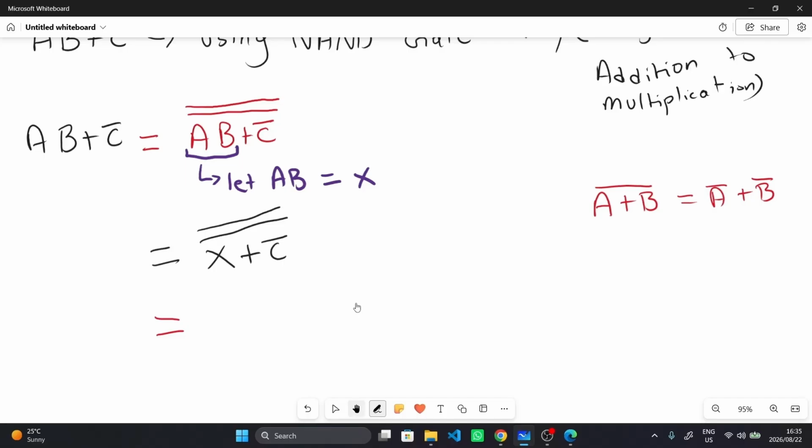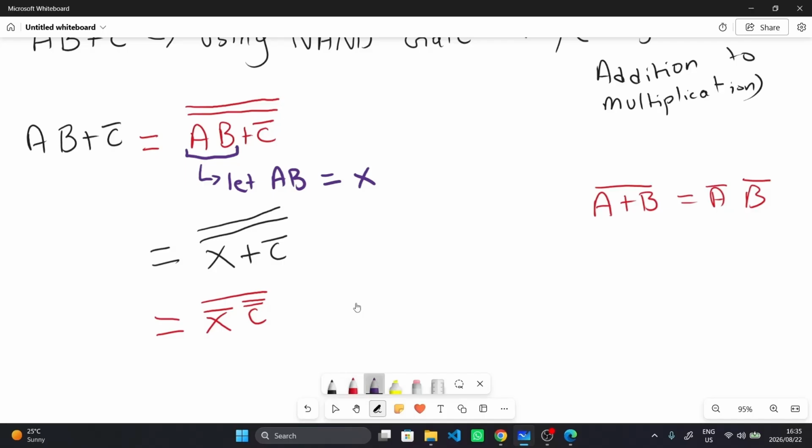I made a mistake there. So that should be multiplication. Yes. Into multiplication using this theorem. So that will be, we can say X complement times C complement, then that big bar, right? So always make sure you account for all the complement lines, right? And then we can simplify this further.